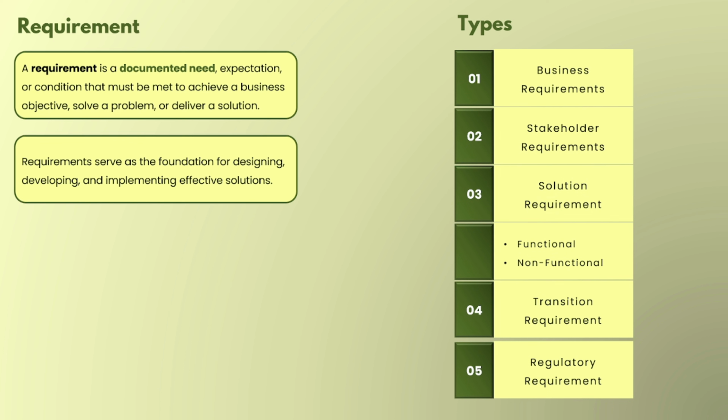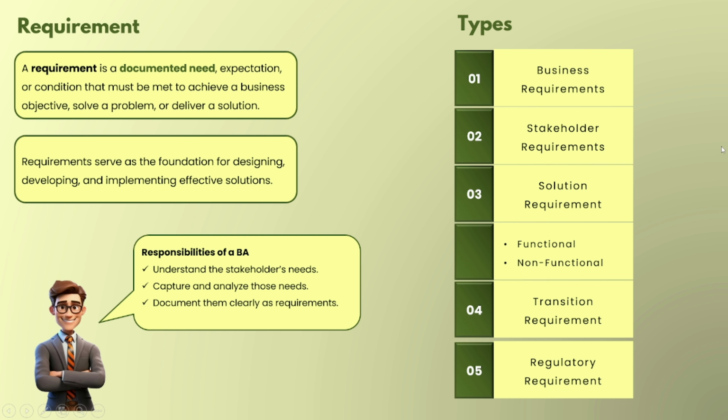Let us check the types of requirements. Well, there are 5 main types of requirements. First is business requirement, then stakeholder requirement, then most important solution requirement, which is subcategorized into functional and non-functional requirement. Then we have transition requirement and regulatory requirement. So we will see all the types of requirements in depth. Before we move to the next slide, let us revise the responsibilities of a business analyst.